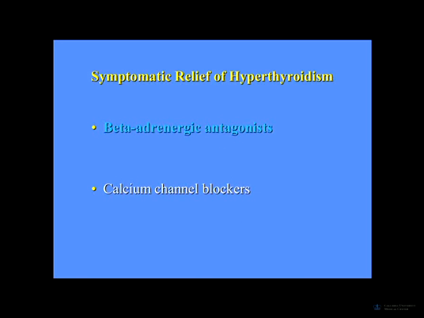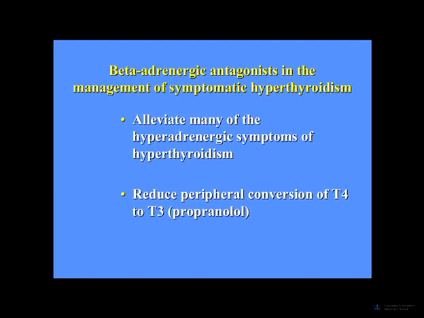Symptomatic relief of hyperthyroidism: beta-adrenergic blockers and calcium channel blockers. The beta-blockers alleviate many of the hyperadrenergic symptoms of hyperthyroidism, such as anxiety, the tremor, and the heart palpitations, and decrease the heart rate.